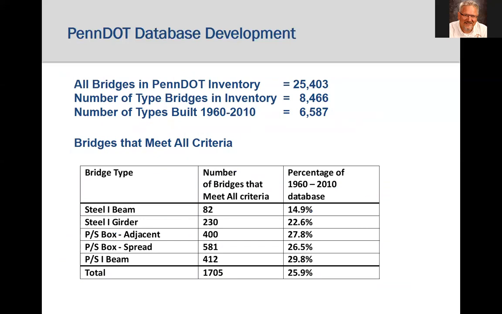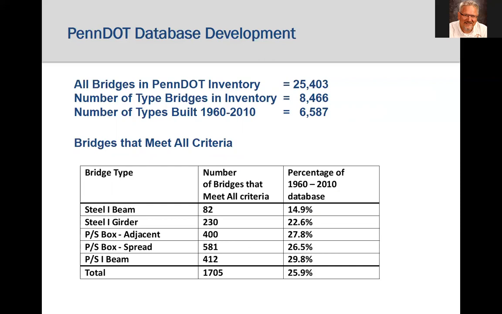So starting out, PennDOT has over 25,000 bridges in their database. Of those, almost 8,500 are of the 5 types considered in the study. And of those 8,500, over 6,500 were built between 1960 and 2010 for a potential study database.